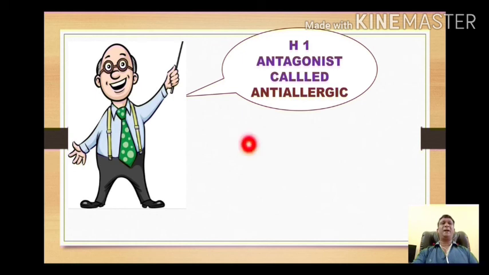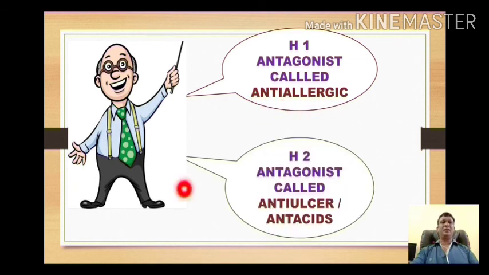The H1 antagonists are commonly referred as anti-allergic drugs, whereas the H2 antagonists are commonly called as antacids and anti-ulcer agents.